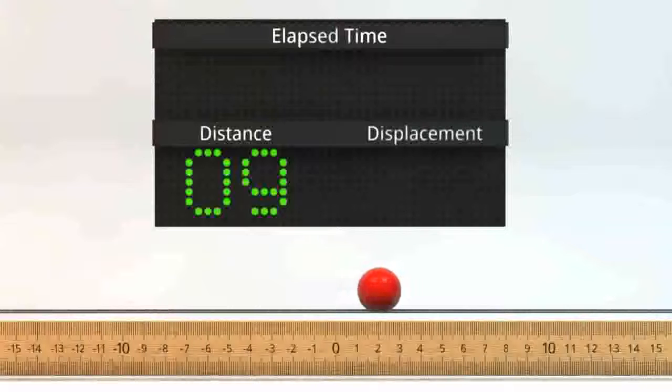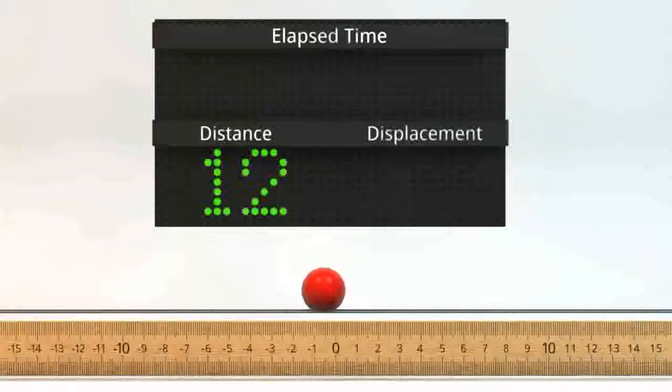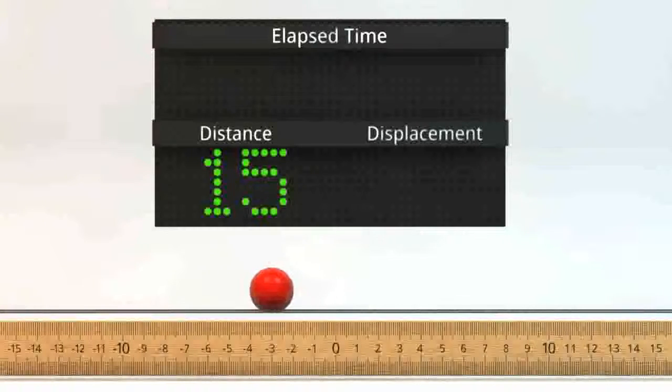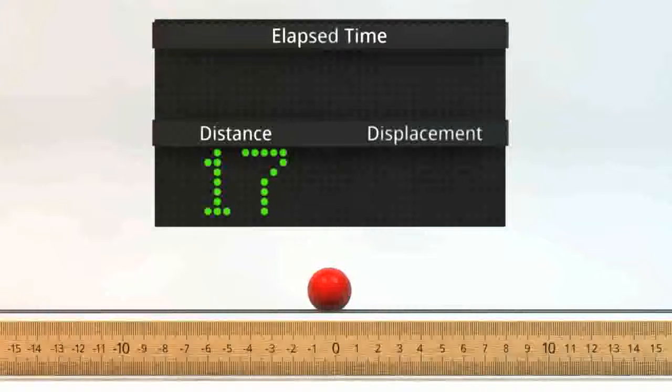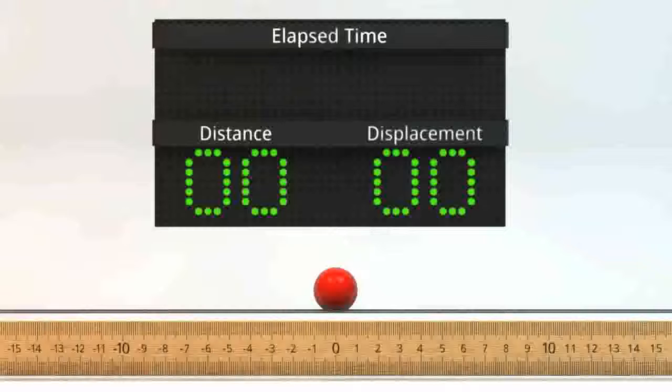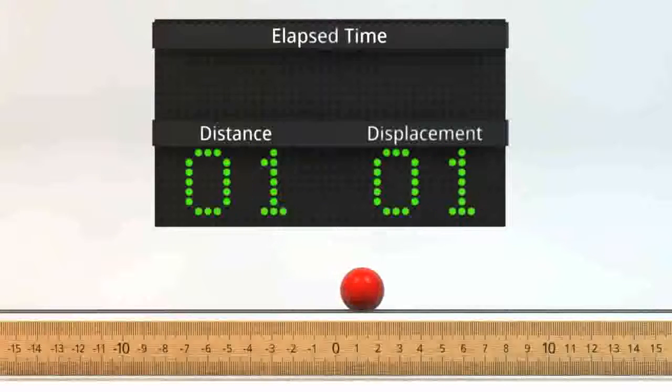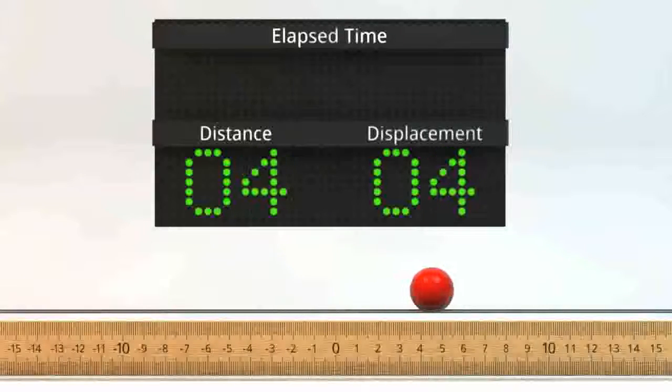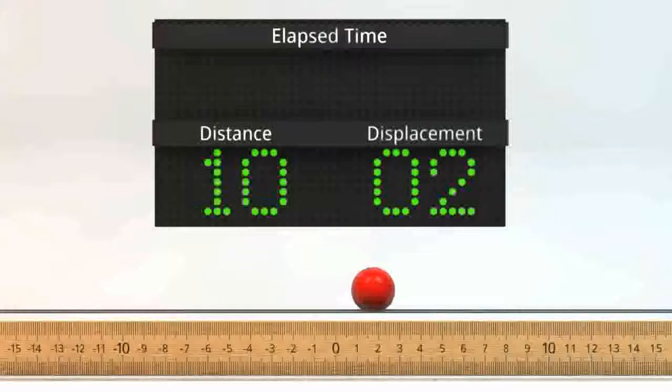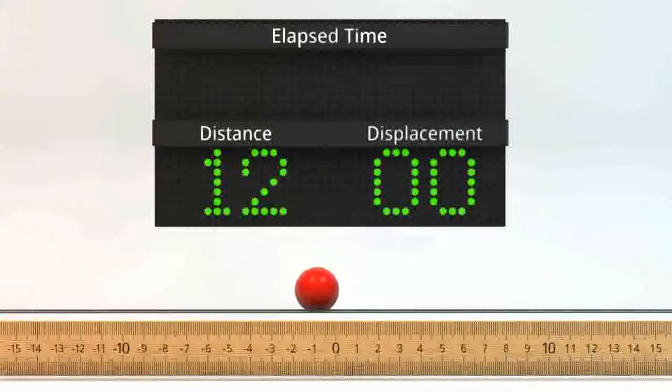Notice how any movement of the ball adds to the distance. Displacement tells us how far the ball ends up compared to where it started from. Look at how when the ball gets closer to 0, displacement goes down, but distance is always increasing.